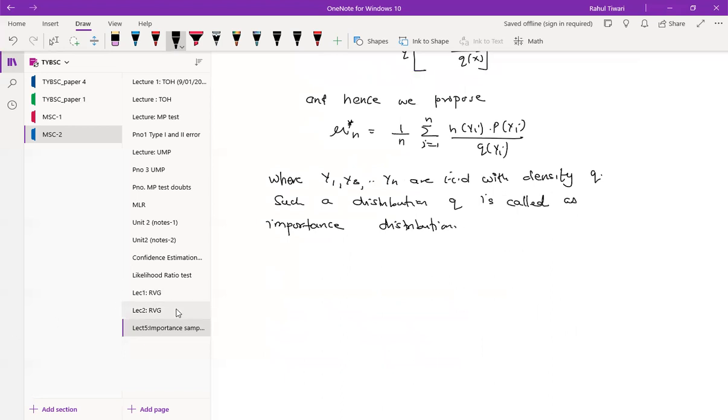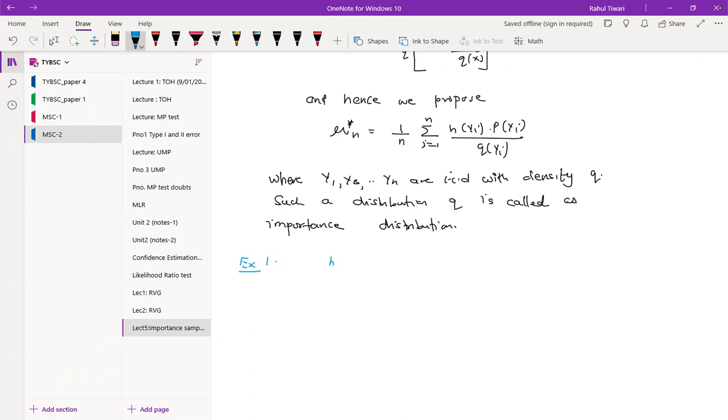So let us take one problem based on this importance sampling. Let's take example number 1.